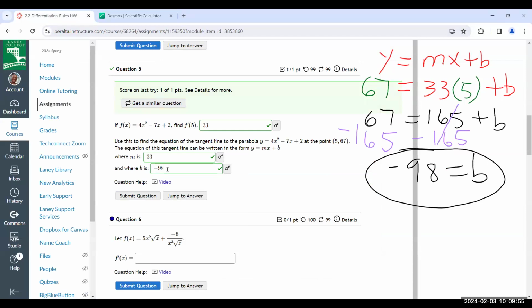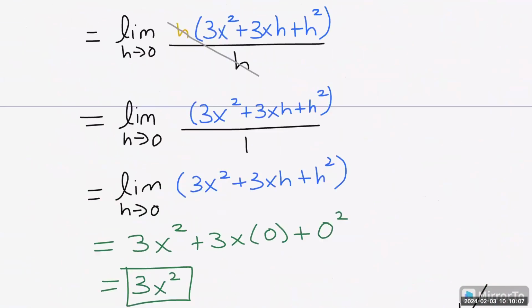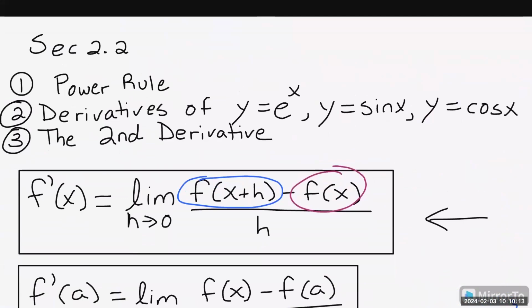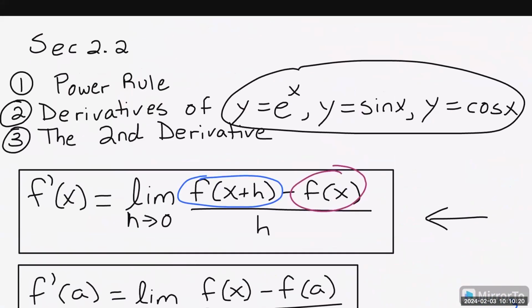Okay, let's talk about the other 3 rules that I mentioned at the beginning of this lecture. We're gonna look at derivatives of e to the x, sine of x, and cosine of x. I'm just gonna give you the rules for these derivatives, and I posted proofs of all of these rules.